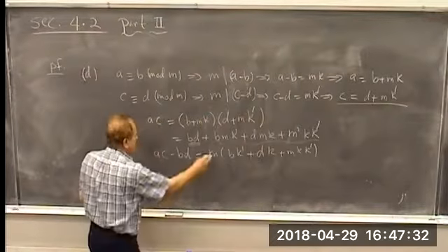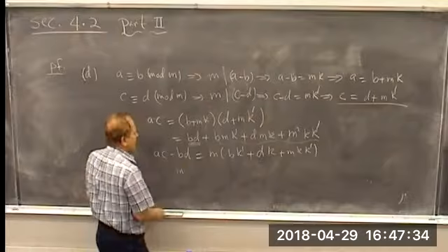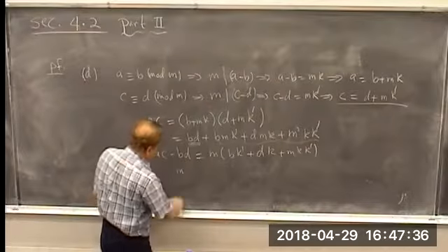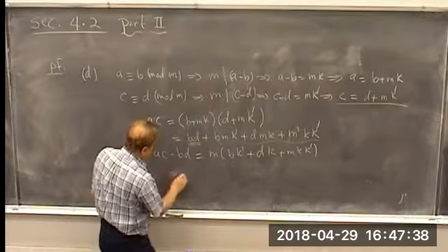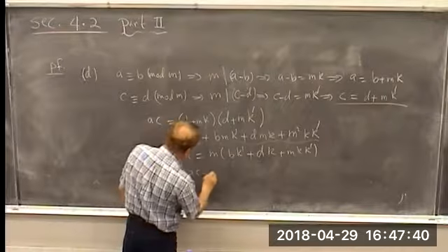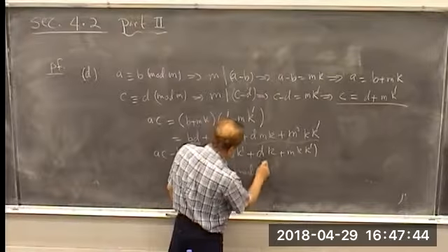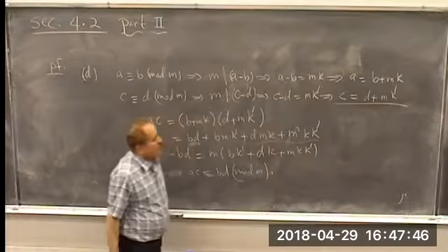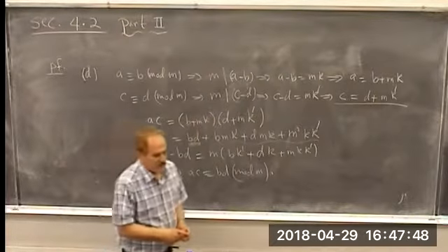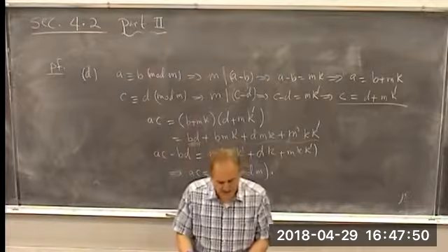And this means that M divides, and we are done. So this means that AC is congruent to BD mod M. All right, so this takes care of all parts of part D.